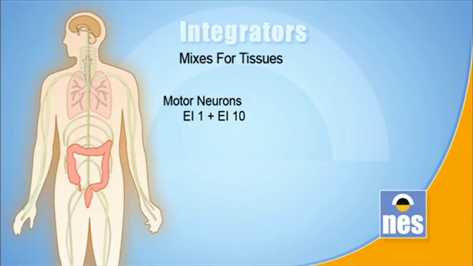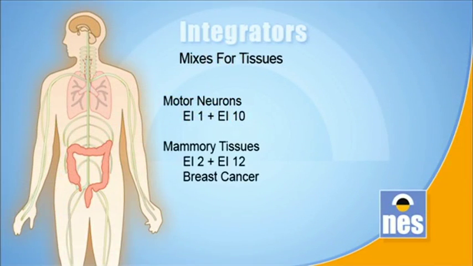We're not saying it's a cure, but try it with your client's permission. Then an interesting one for mammary tissue, for breast cancer indeed. It only connects with this sort of tissue if you use Integrator 2 and 12 in the same treatment session.